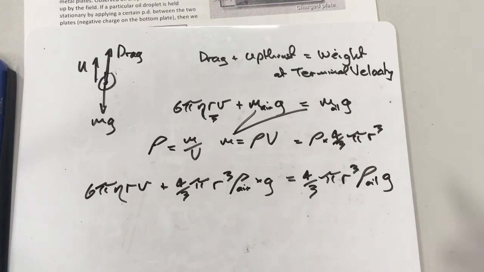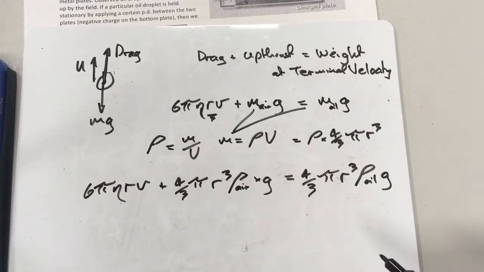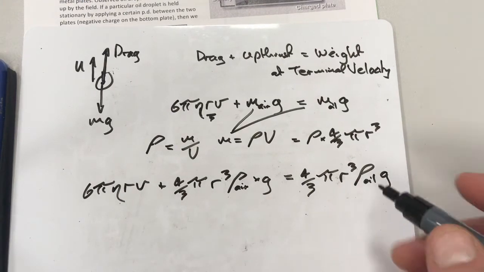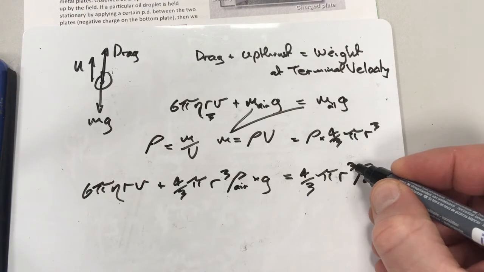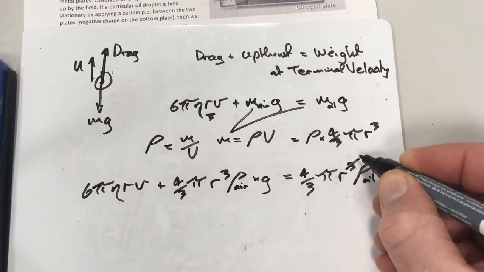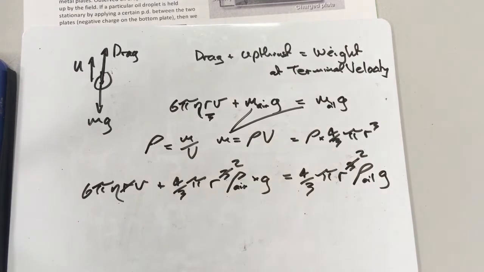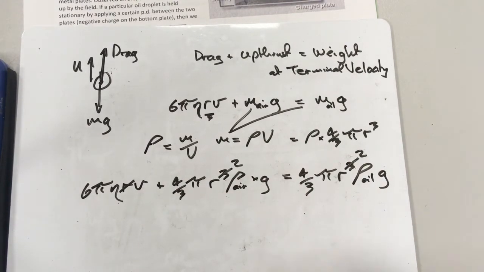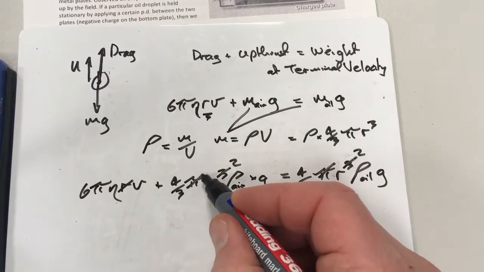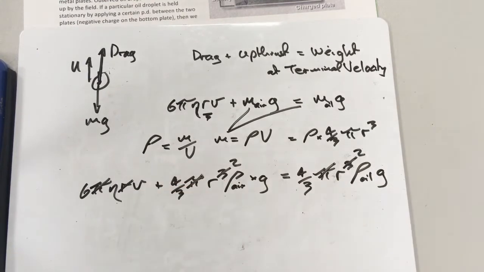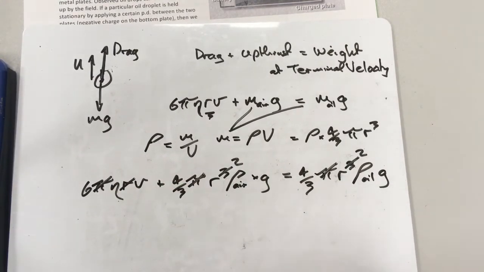Now looking through, we can simplify things a little bit straight away. We've got r, we've got r, we've got r. So let's get rid of some of that. We'll go to r squared, and that gets rid of one of them. We have pi, so we can get rid of pi. That'll make it easier. And so we can start to simplify everything down.